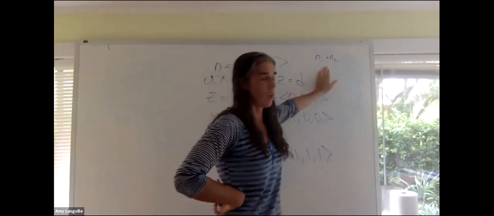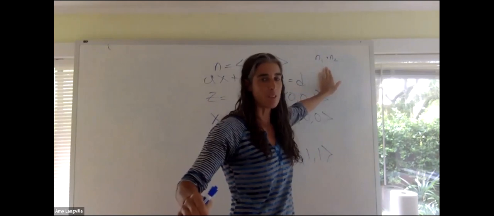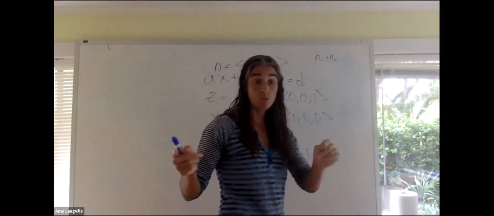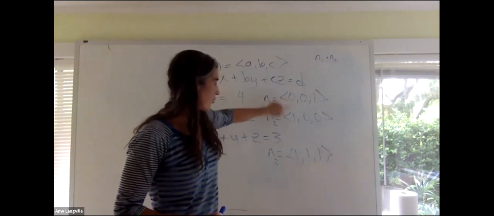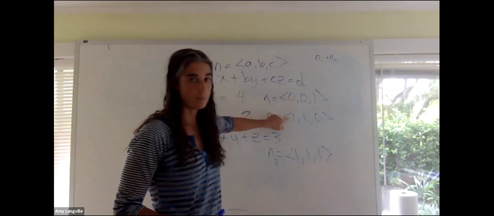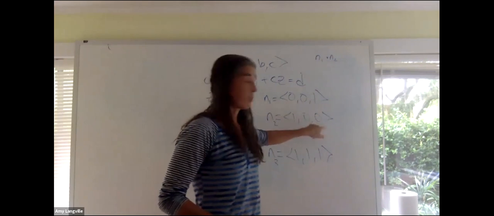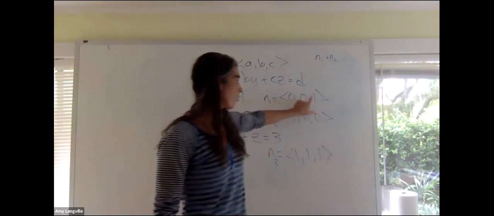We didn't do a whole lot with the dot product. Don't worry, we're going to do a lot of that in book 3.5, chapter 1. But for now, all you need to know is the dot product. If you're in 203 linear algebra, you probably got this down already. You take the first components and multiply them, plus the second components multiplied, plus the third components multiplied. So 0 times 1 is 0, 0, 0.